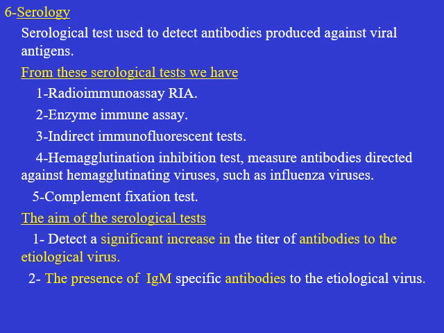Or 2. Using 1 sample looking for the presence of IgM specific antibodies to the etiological virus. By this we are covering the most important laboratory tests used in medical virology.